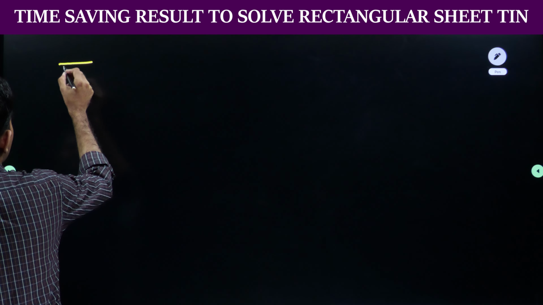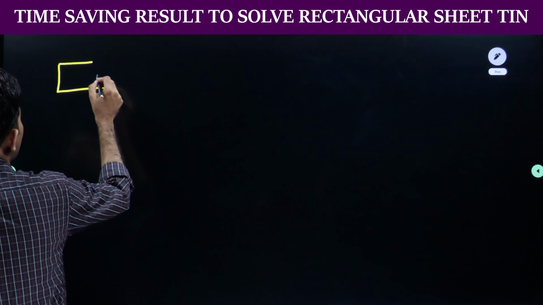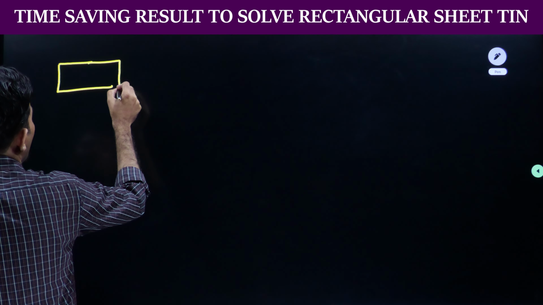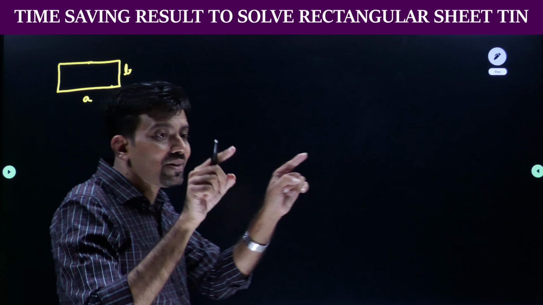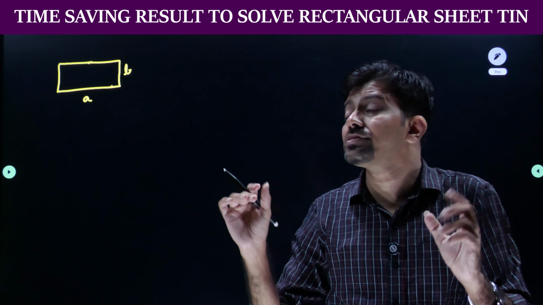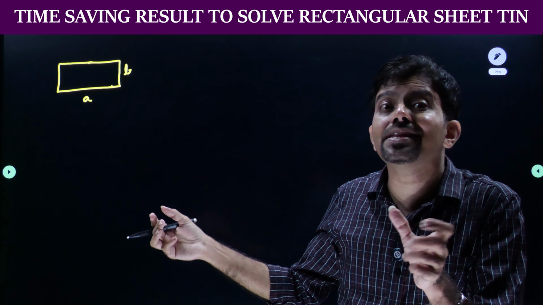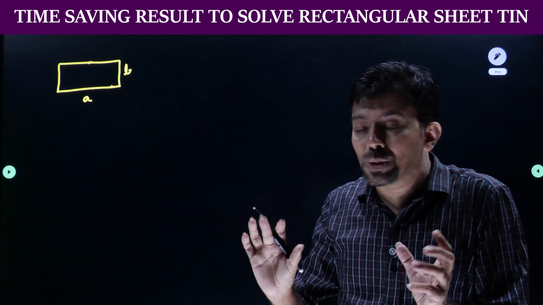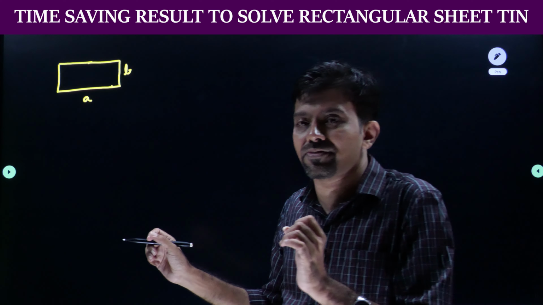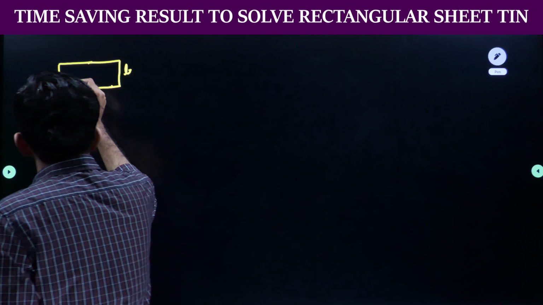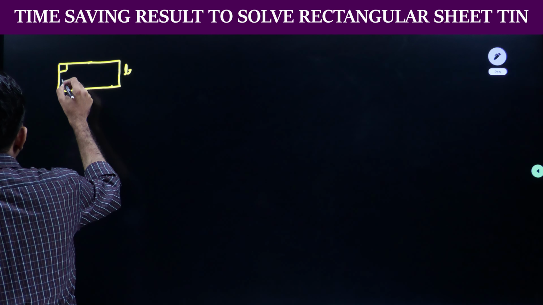A rectangular tin sheet of dimensions A and B is there. A is the length and B is the breadth. What we do, from each corner we cut a square piece.